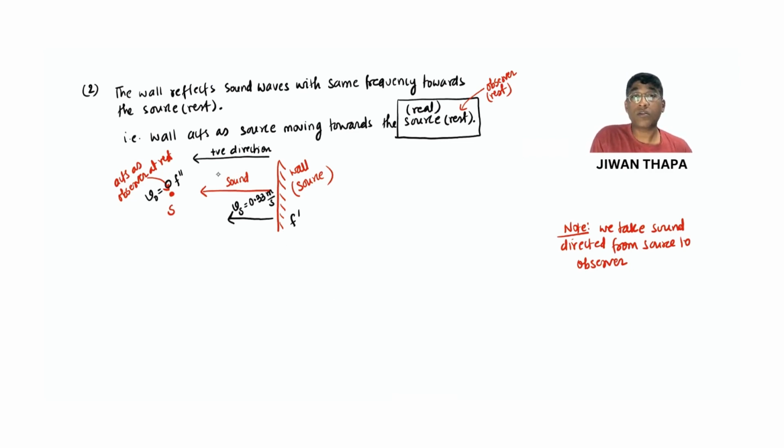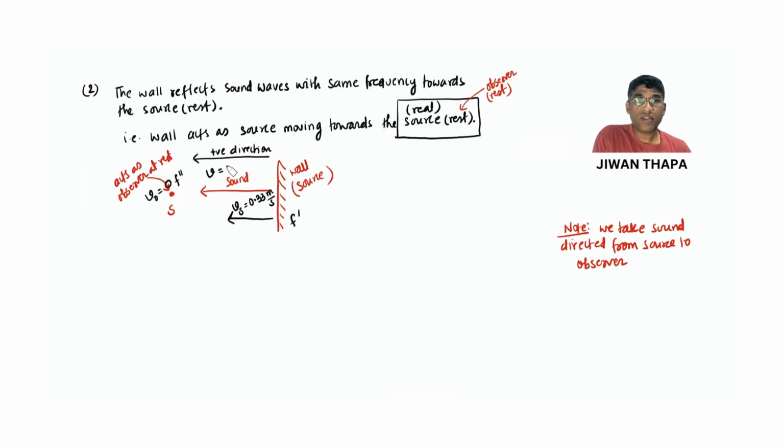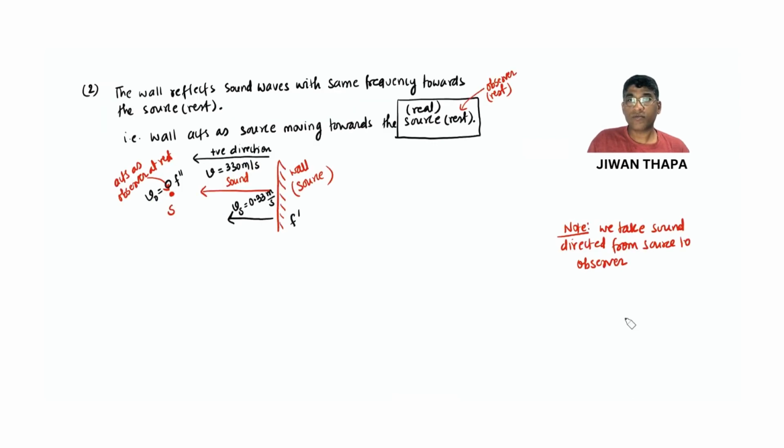And the speed or velocity of sound, v equals 330 meter per second from the question. So as I said earlier, we are going to generalize this expression and this problem.